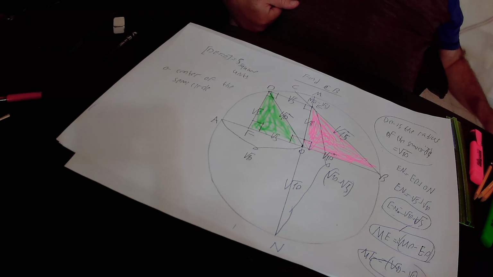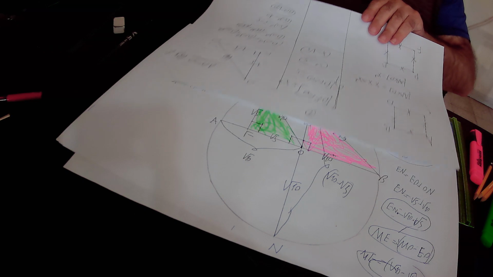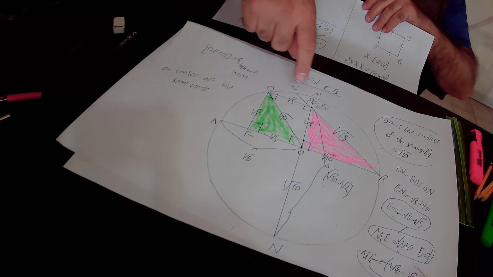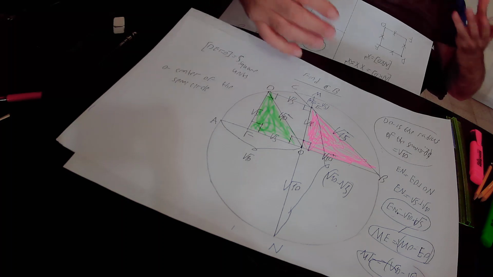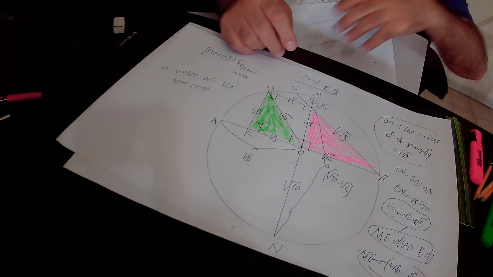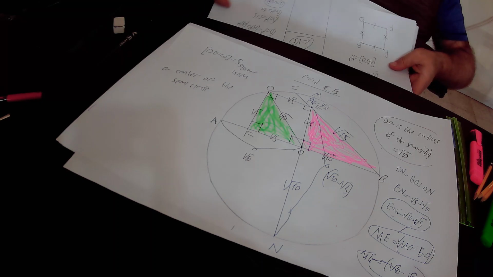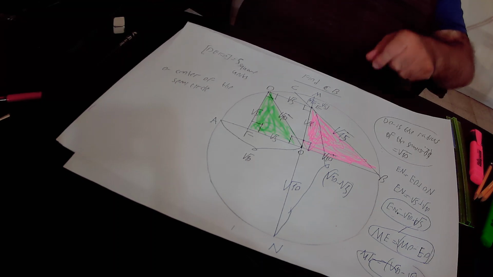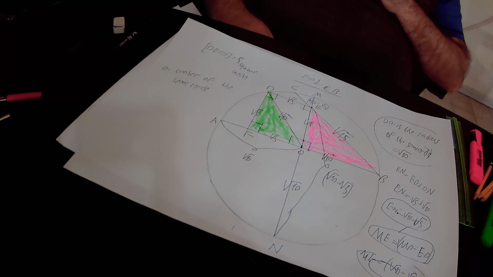So, first of all, because DEFO is a square, we know that all the angles inside any square are equal to 90 degrees. They are all right angles. Therefore, those 4 angles are all right angles.